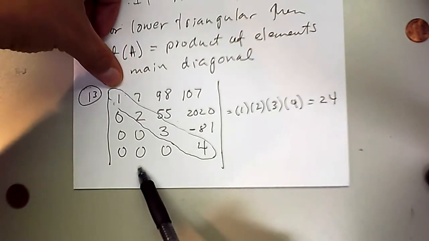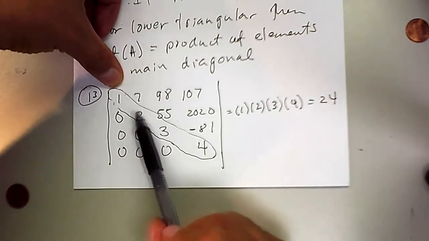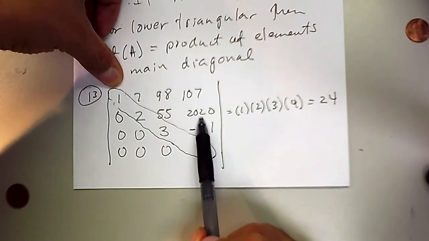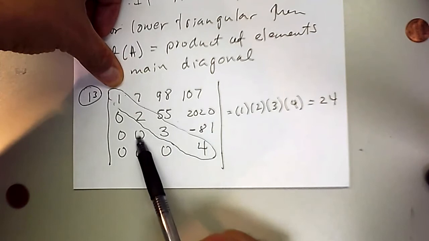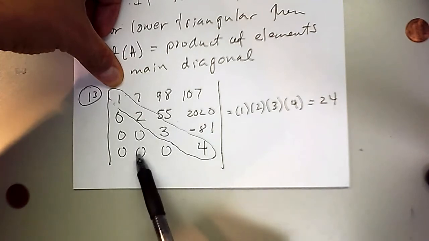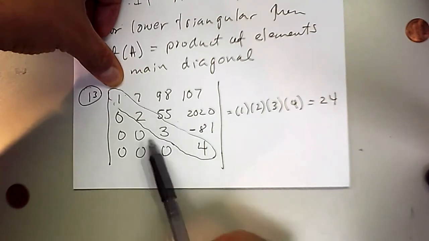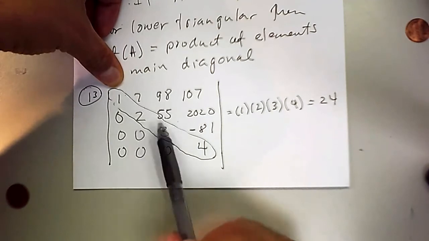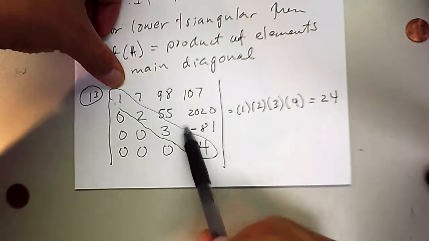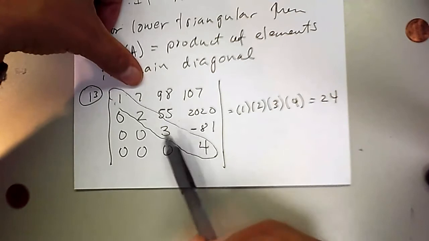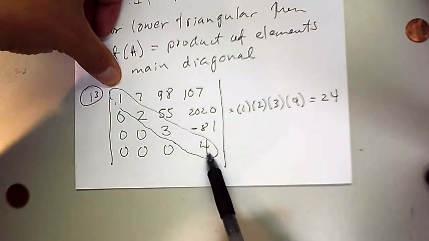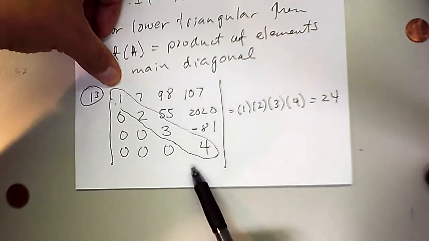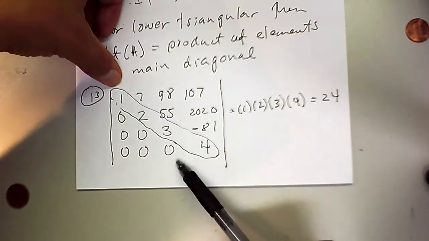If we move on to this guy, so 1 times this guy, then we got to pick one of those two, and then after that, one of those two that is not on the same column as the previous column that we picked. So the bottom line is that the only way to avoid the zeros is by going this route. Any other product will contain zeros in it.